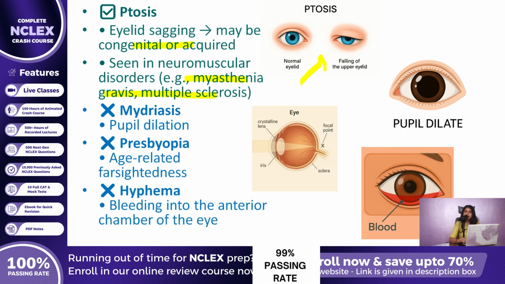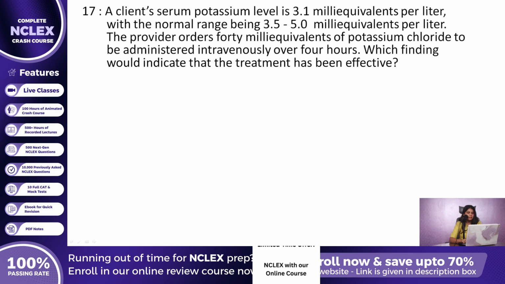Next, question 17 states, a client's serum potassium level is 3.1 milliequivalents per liter, with the normal range being 3.5 to 5.0 milliequivalents per liter. The provider orders 40 milliequivalents of potassium chloride to be administered intravenously over 4 hours. Which finding would indicate that the treatment has been effective?